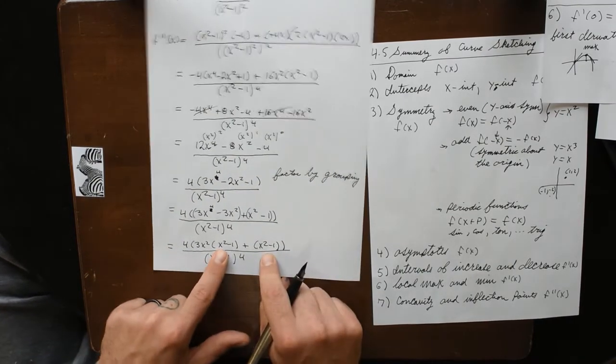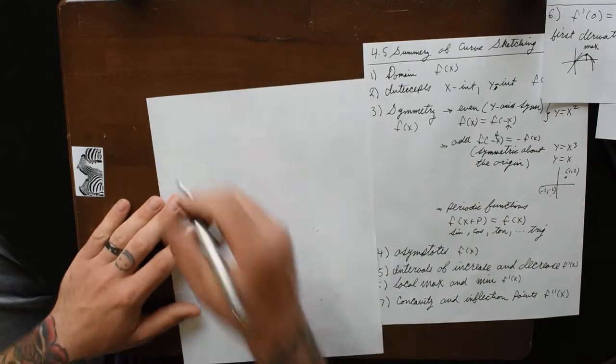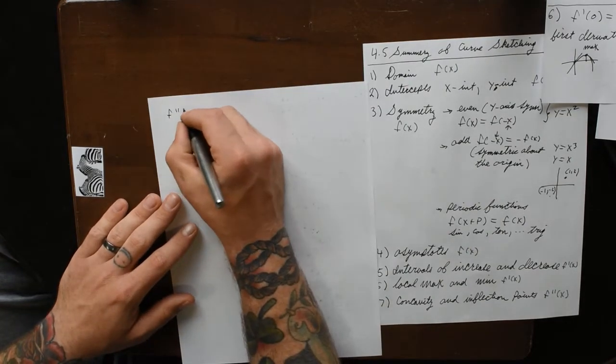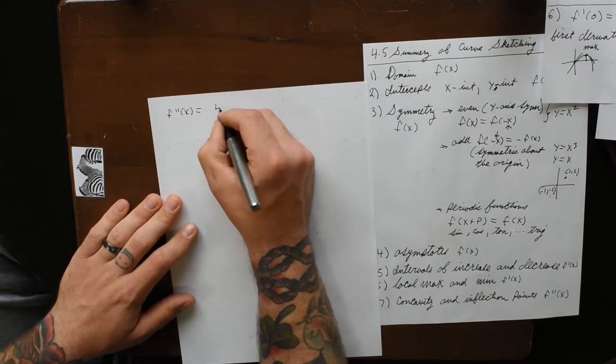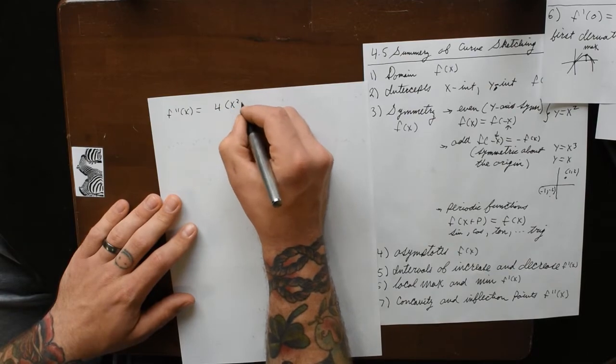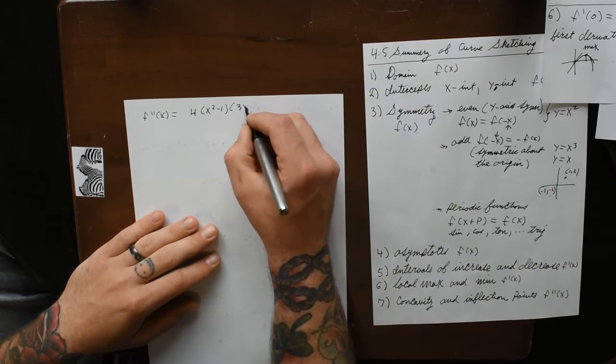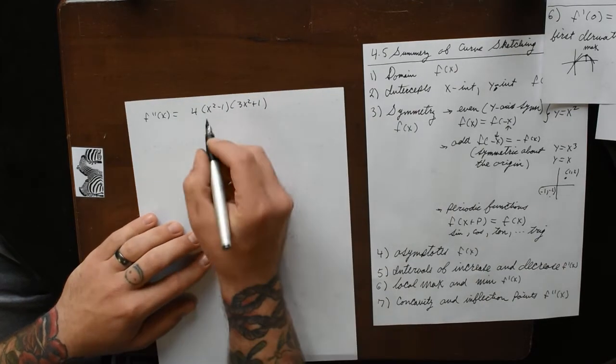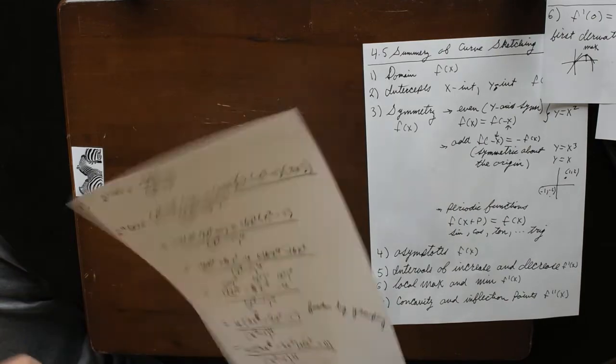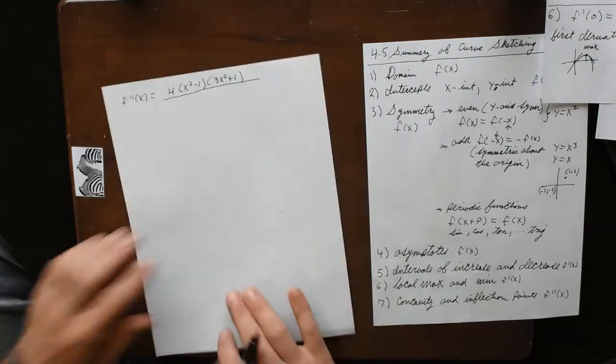Perfect. I'm going to factor out this x squared minus 1, and that'll give us f double prime of x is equal to 4 times x squared minus 1 times 3x squared plus 1, all divided by x squared minus 1 to the 4th.